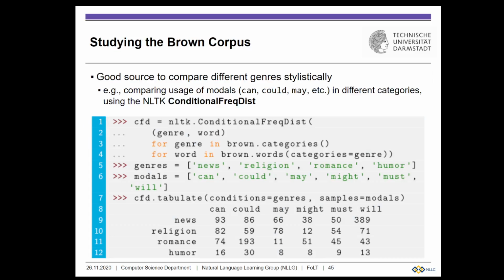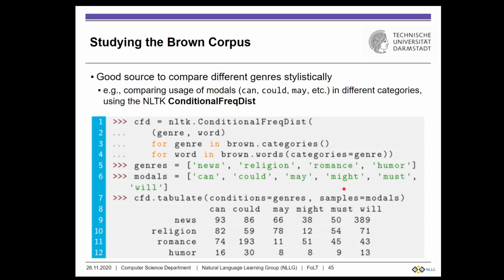To finish up with this lecture, we will do some studying and some linguistic analysis of the Brown corpus. We do a conditional frequency distribution, and we have those different genres. Before we had just news and romance. Now we're comparing more genres. We want to check how the modal verbs in English, like can, could, may, might, must, will, differ across those genres.